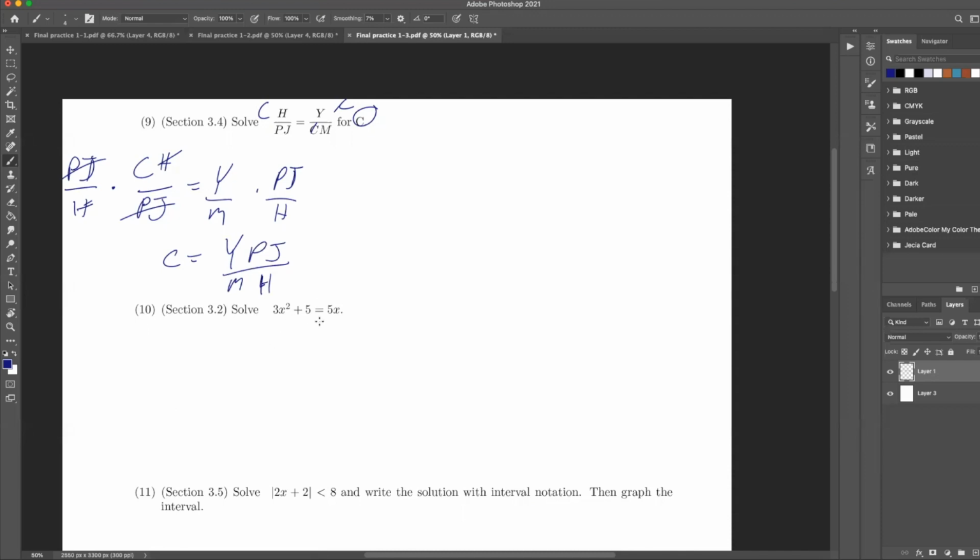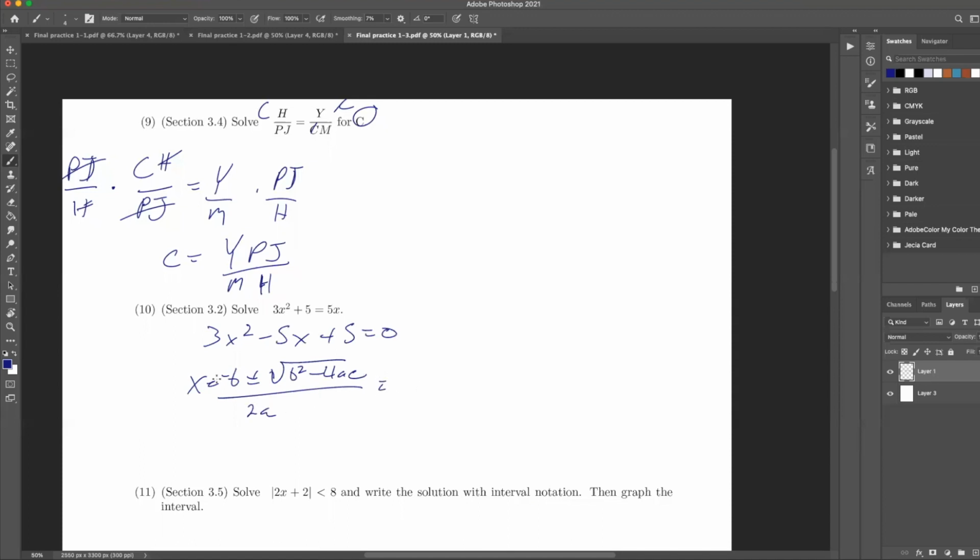Here, on this one, we're going to just type this into the quadratic formula. You just don't solve it. So here we get 3x squared plus, oh, no. Let's move it all to one side. So it'll be minus 5x plus 5 is equal to 0. We're going to type that into the quadratic formula, which is negative b plus or minus the square root of b squared minus 4ac all over 2a.